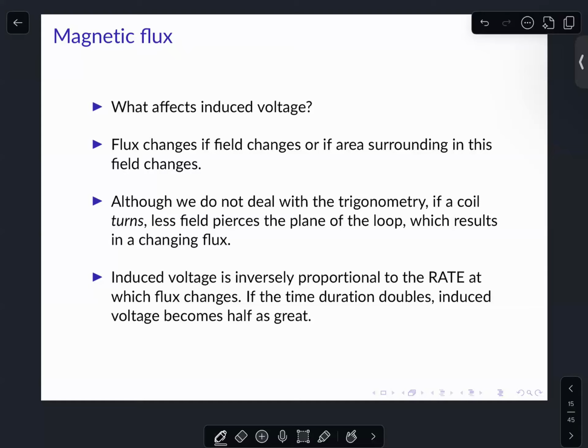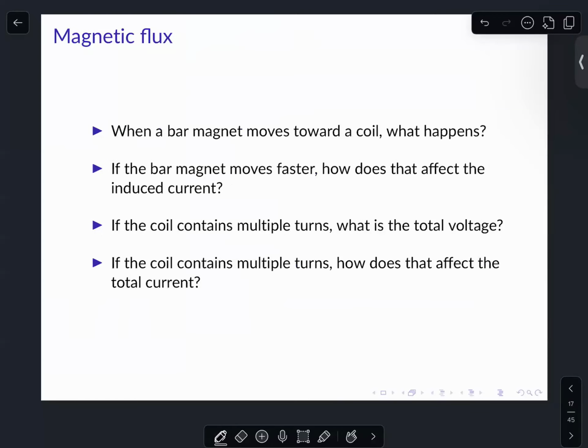What if I moved a magnet into a loop 3 times as fast, in 1/3 of the time? What would happen to the voltage? Increase by 3. I would triple the voltage. If the downstairs gets 1/3 as great, the fraction gets 3 times as great. What if I really shoved a magnet into a loop 10 times faster, in 1/10 of the time? What would that do to the voltage? Voltage would go up by a factor of 10. Good. I'll take it.